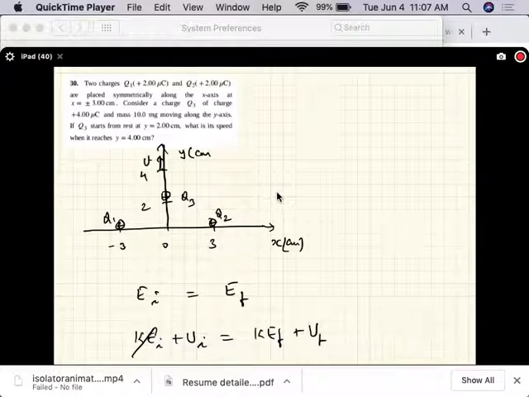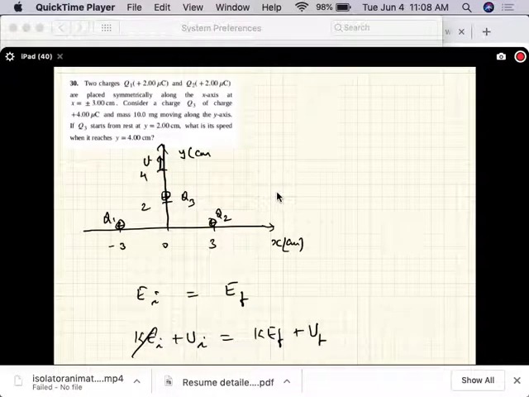Now essentially what's happening in this problem is this guy is falling that way. And just like in gravity, the higher you fall from, the greater your velocity. So the greater the potential energy difference, the greater will his velocity be.